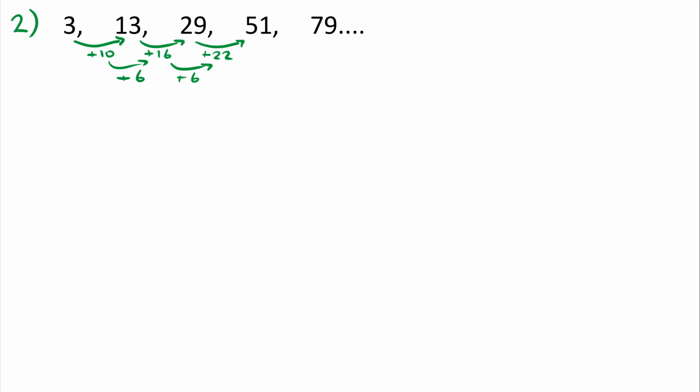Now, if the second difference is plus 6, I can find out how many n squareds I need to compare it to by halving. That's how many n squareds we need to compare it to. We need to compare it to 3n squareds.